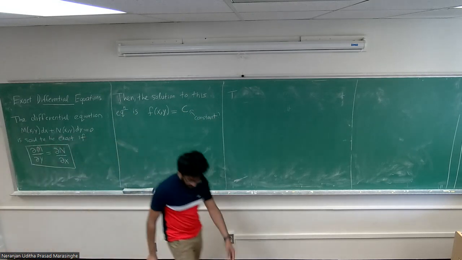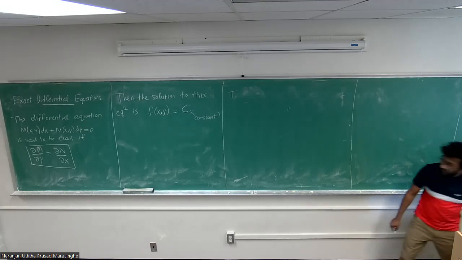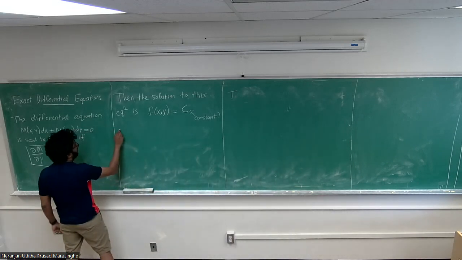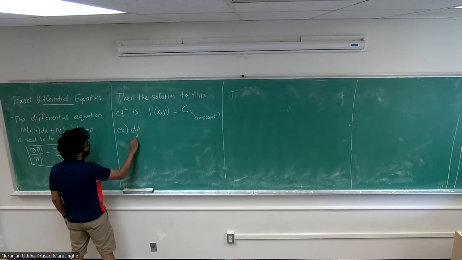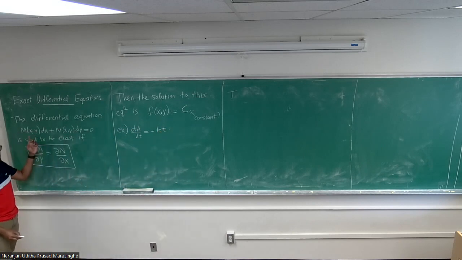I will give you an example. The example that is given in the notes is radioactive decay. dA over dt is minus k times A. But we have to convert this equation to something like this.